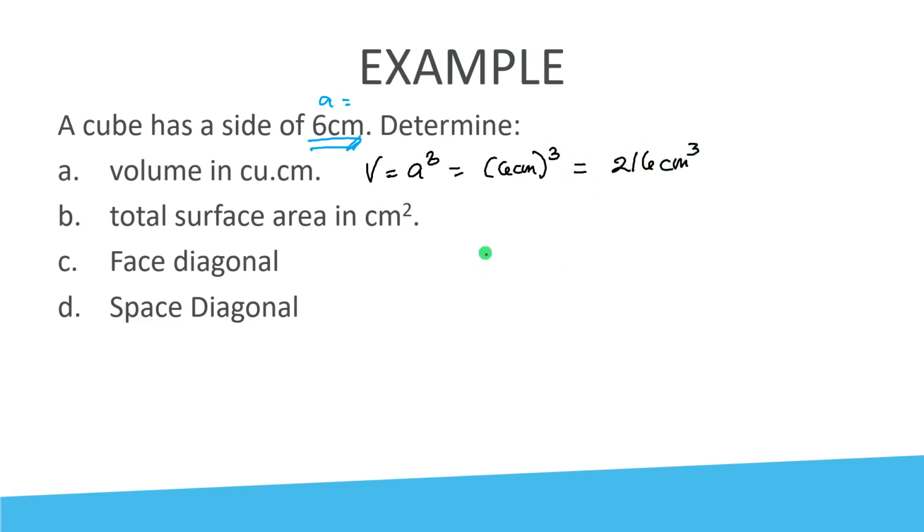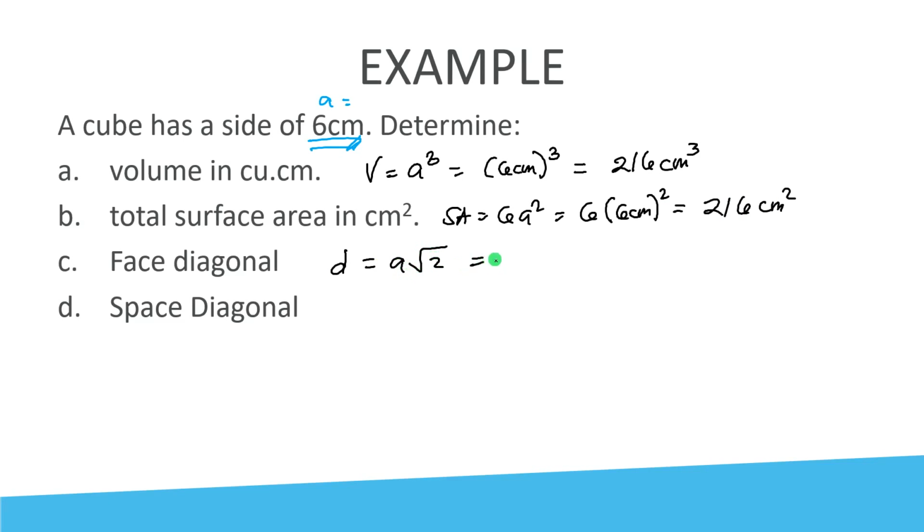For the total surface area, 6A squared. So 6 times 6 centimeters raised to 2. When you compute that, that's 216 square centimeters also. For the face diagonal D, it is A the square root of 2.